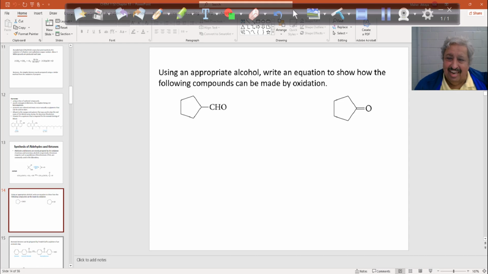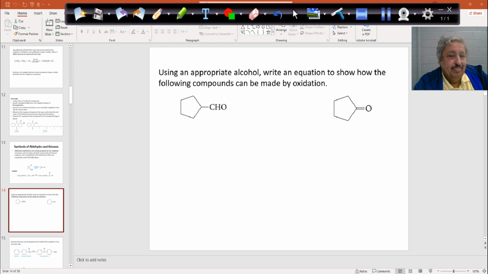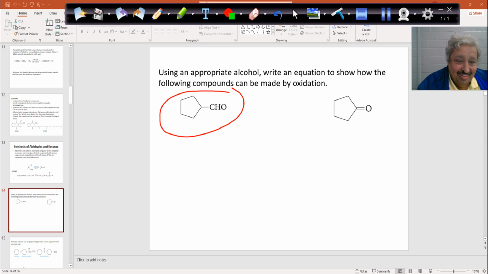Using an appropriate alcohol, write an equation to show how the following compounds can be made by oxidation. So this one here, an aldehyde. Correct, guys? How can we oxidize this? From what alcohol can we start? Come on, guys. The same thing, you start the same way.